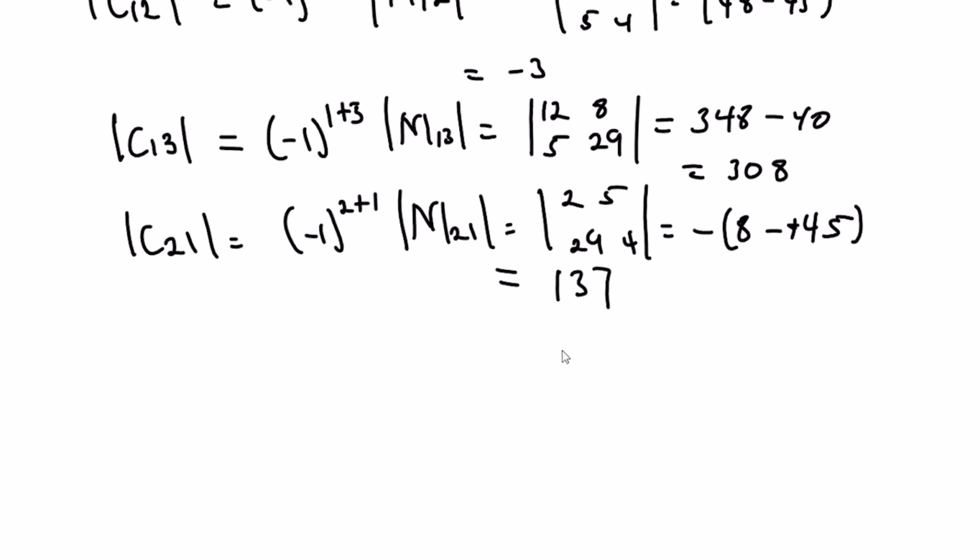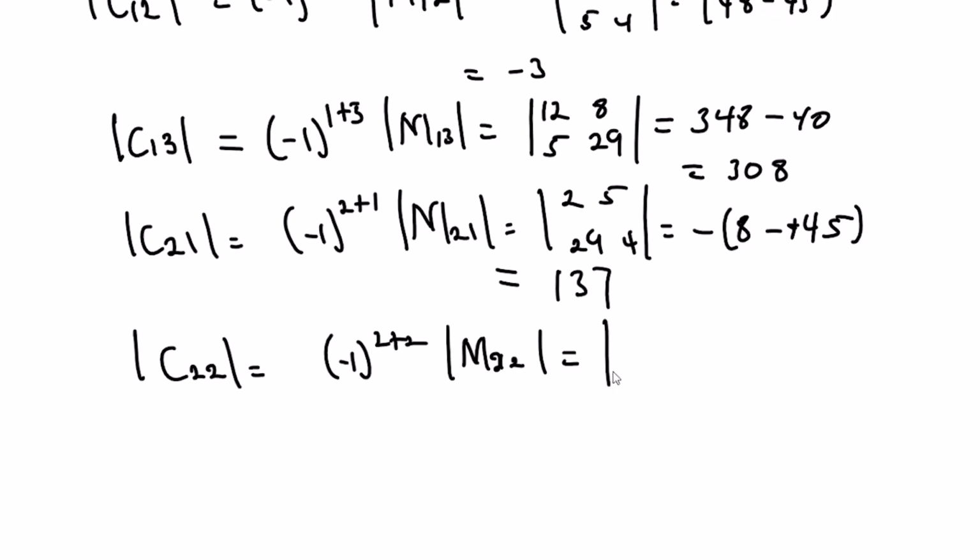Now the same procedure. We have row 2 column 2, negative 1 exponent 2 plus 2, then multiply by the minor, so 2 2.